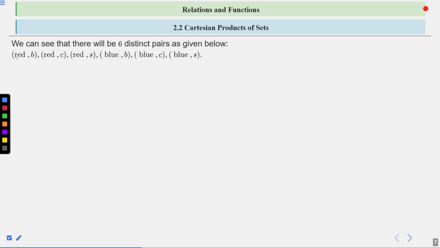You can pair red with b, red with c, red with s, meaning shirt, blue b, blue c and blue s. Clear? So we got 6 distinct pairs simply.